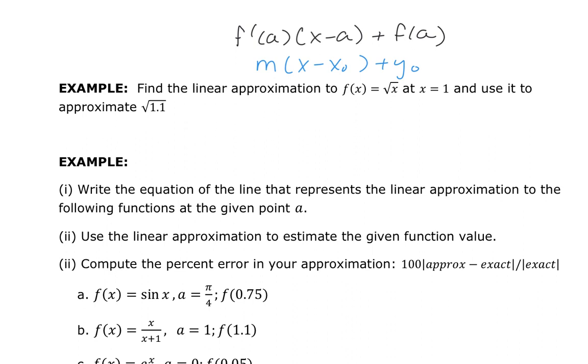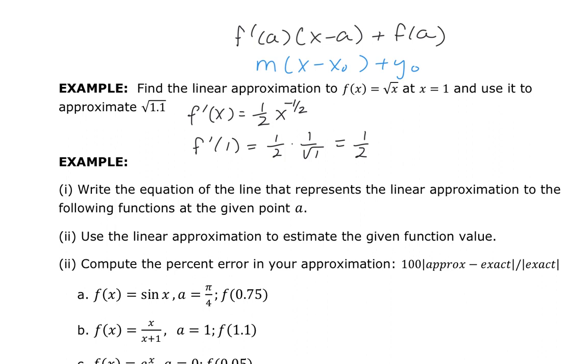So I'll need to know what f prime of x is. f prime of x is going to be 1/2 x raised to the negative 1/2. I need to evaluate f prime at 1 because that's the closest to 1.1 that I know the value of. And so this is going to be 1/2 multiplied by 1 over the square root of 1, which is just 1/2.